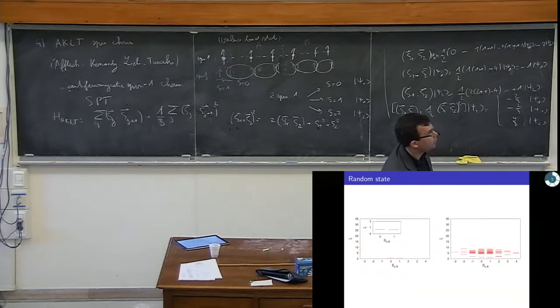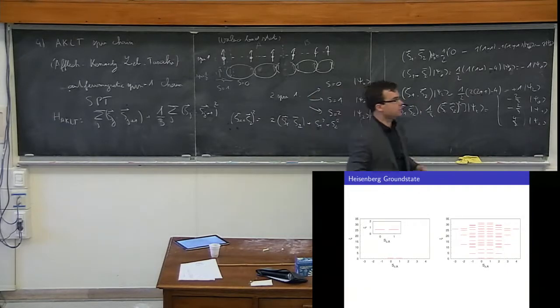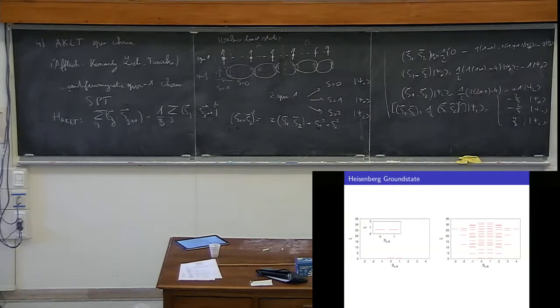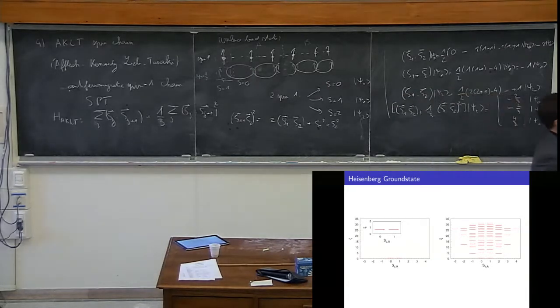Well, that's the difference between random and the AKLT. And now this is the ground state of the Heisenberg model. The same number of spin 1. The same way to cut the system into two. And you can see that, well, you still have two levels down here.